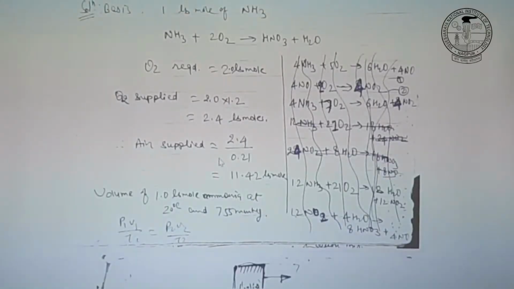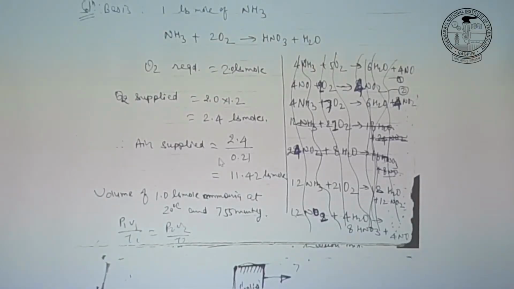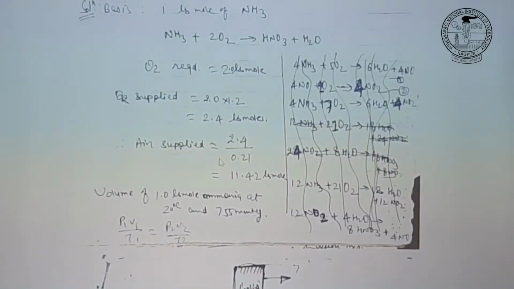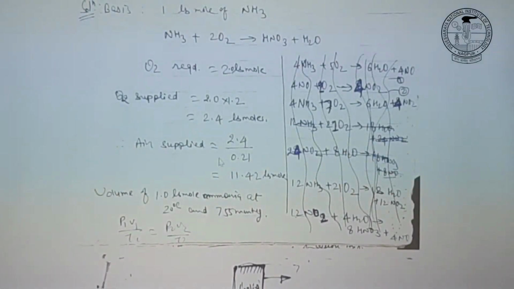We neglect all other gases. So the air to be supplied will be 2.4 divided by 0.21. In that way 11.42 lb mole of air we have to supply, as per the resultant reaction we could conclude, right?